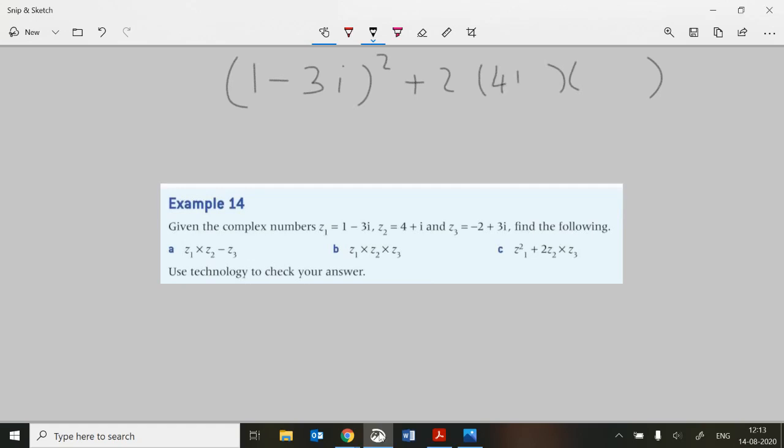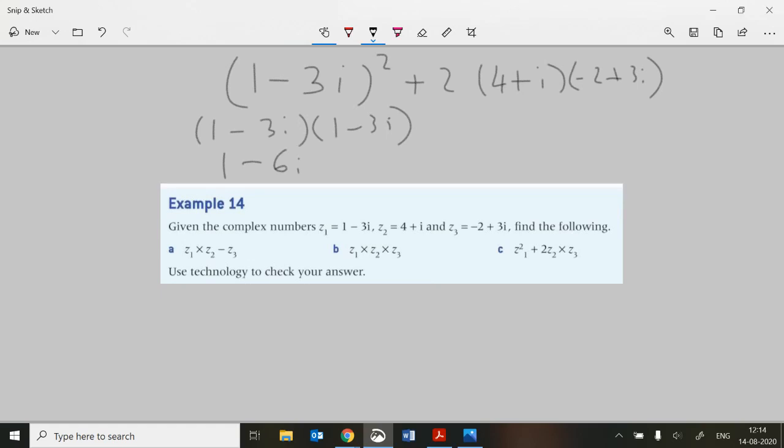So we've got 4 plus i, we've got the -2 plus 3i. And again, it's just a matter of lines of working out and being accurate in this case. So multiplying this one out here, getting 1 minus 3i, 1 minus 3i. We multiply that out, we're getting 1. We're getting two lots of the middle term, so we're getting minus 6i.